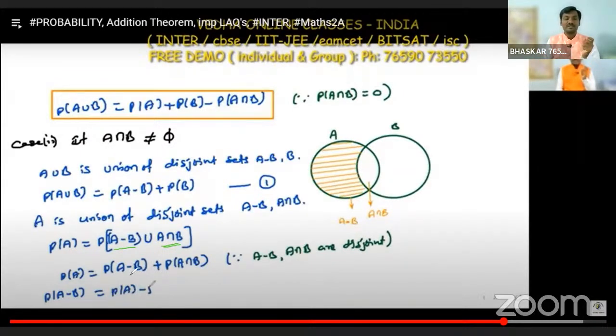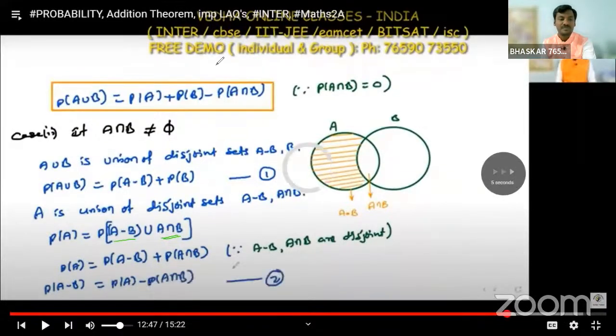That's why the probability of A minus B plus probability of A intersection B gives probability of A. So probability of A minus B is equal to probability of A minus probability of A intersection B. This is equation 2, and equation 1 is probability of A union B is equal to probability of A minus B plus probability of B.